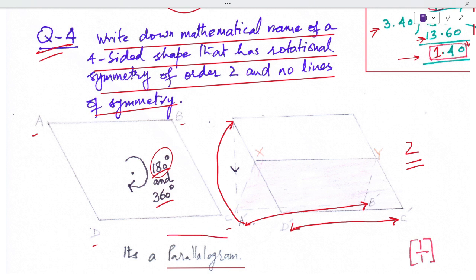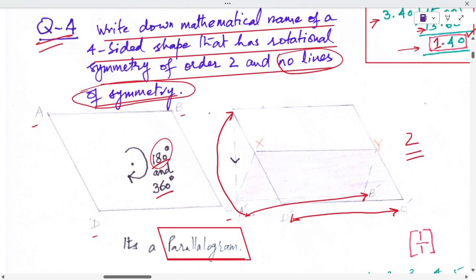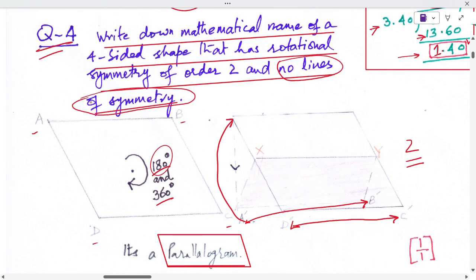But then in the question it has also been said that it has no line of symmetry. So when we have to check the line of symmetry, let's say I am checking at line XY, which is shown on the other diagram in this question, and I fold the parallelogram at line XY, and when I fold it, A has gone to position A dash and not to D dash.